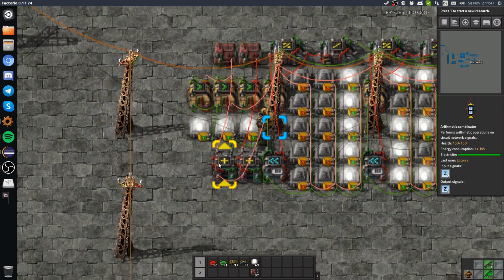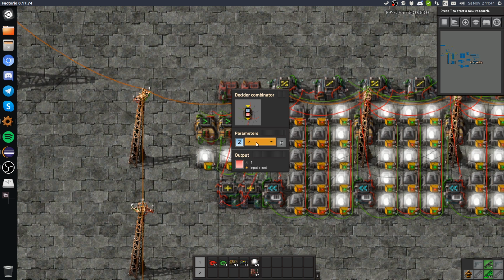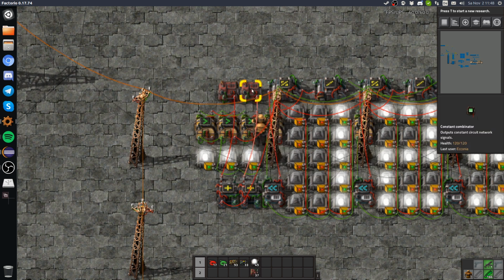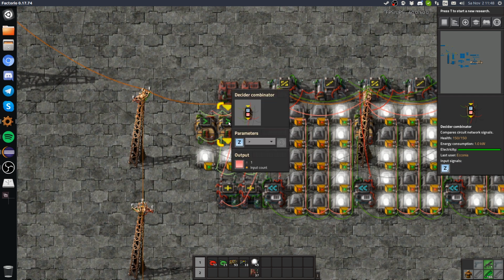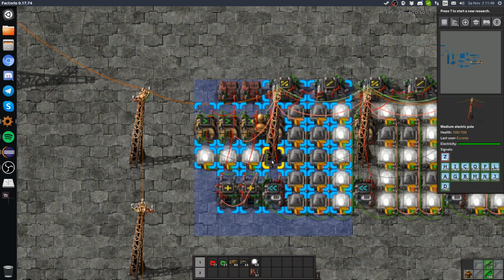Anyway, after filtering, we put the value to the decider combinators, which just check if the flag is set or not. So if it's set or if it's Y, negative or positive, or if it's not. It doesn't do much else. And when that's the case, it just forwards whatever the constant combinators contain, or not whatever, but the particular signal, which is red or green, onto the red signal back again.